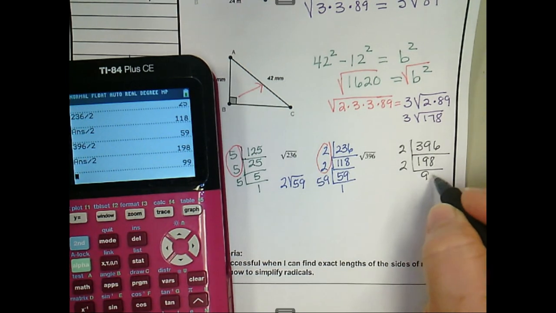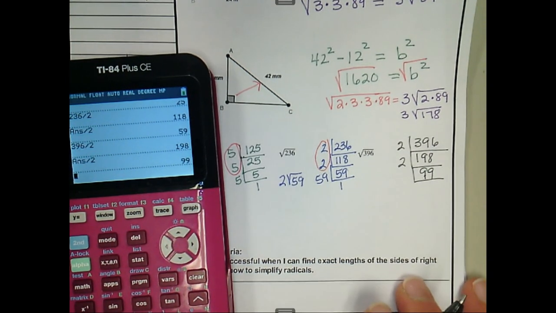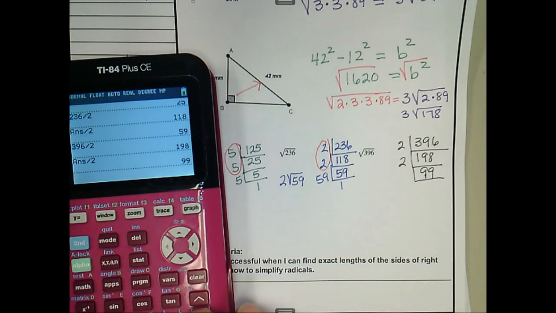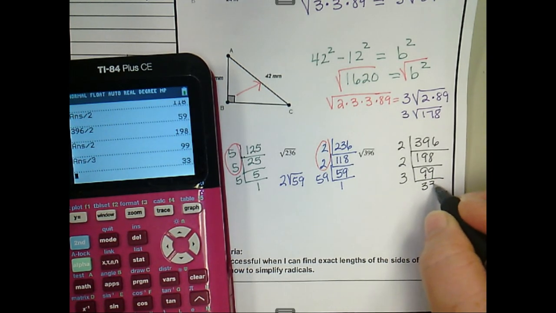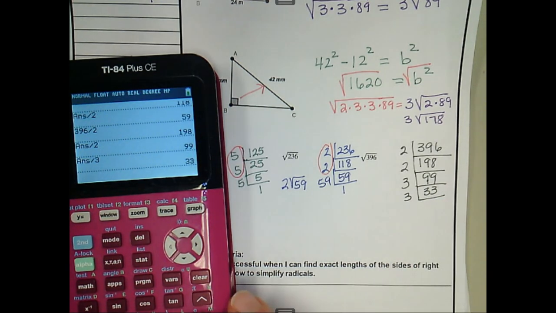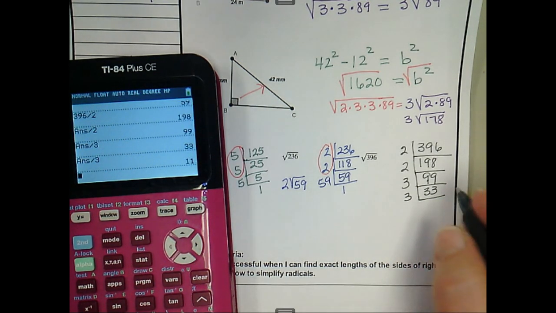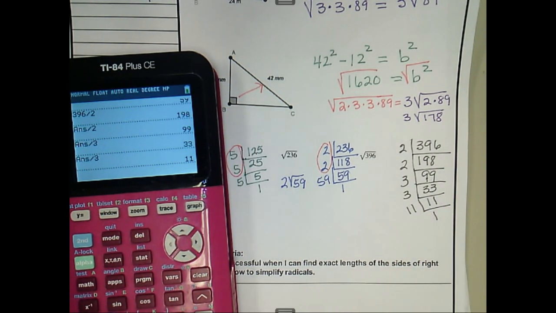I get 99. 99 is not even, but it is divisible by 3. So I divide by 3. I get 33. 33 is divisible by 3. I divide by 3 again. And I get 11. 11 is a prime number. So when I divide by 11, I get 1, and I am done.